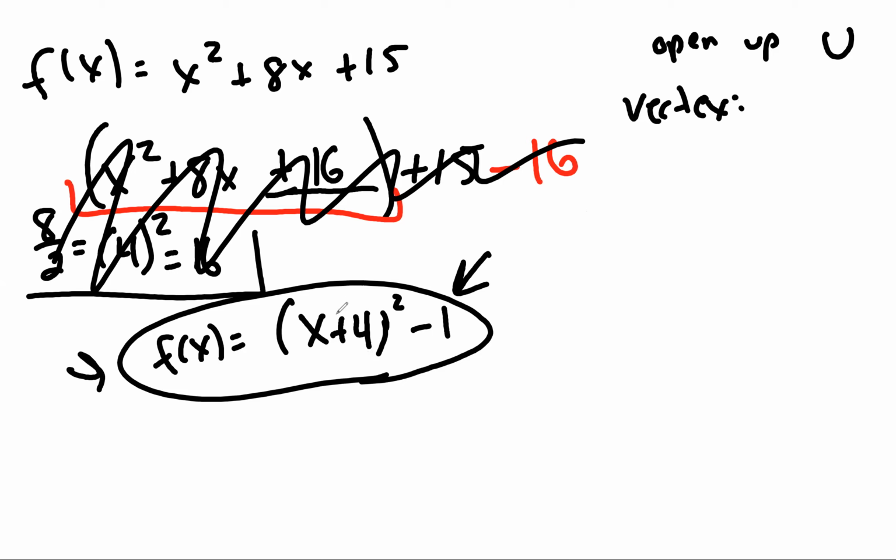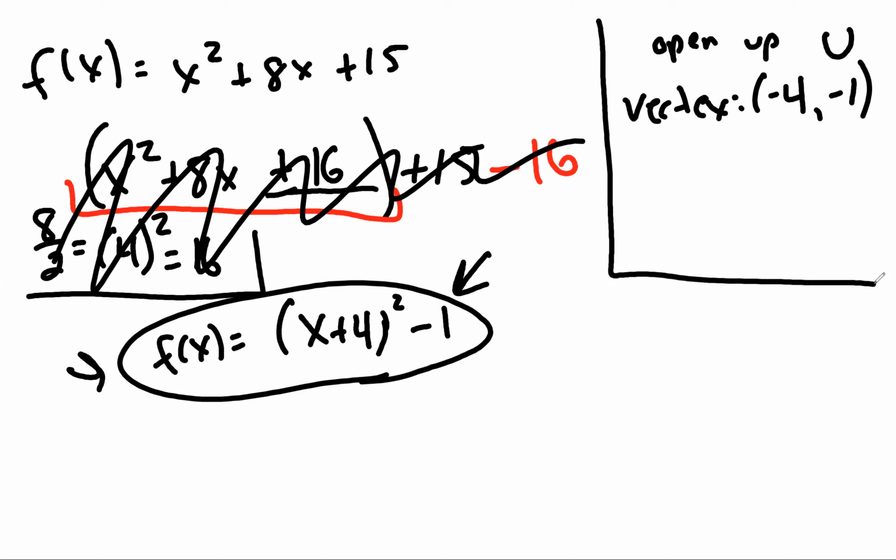Since this is a positive looking 4, what kind of 4 am I going to write as my vertex? Negative. And this guy right here, we take him at face value, and so he's going to stay a negative 1. And so I've gone from regular old quadratic function form, I completed the square, I put it in vertex form, and now I was able to find the vertex. Now I want to find the x-intercepts, just like I did in the last problem.